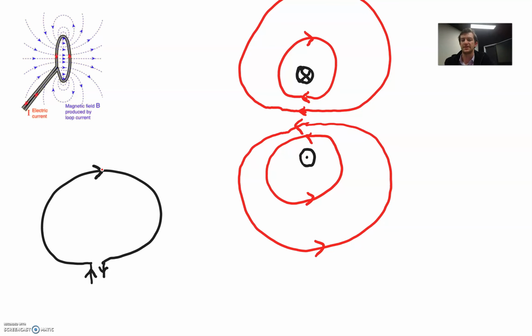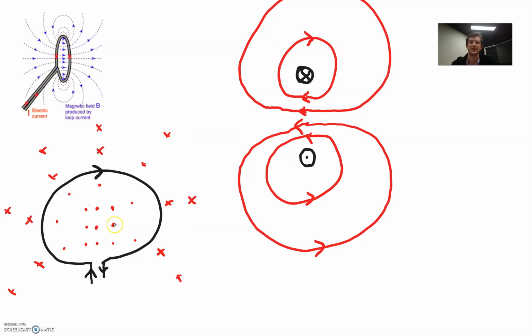So inside I need to do some dots, and I might do several dots in the center just to show that's where it's the strongest, and they get further apart and less strong as we get closer to the wire. And then outside I'm doing some crosses to represent that the direction of the magnetic field there is into the page and getting less strong as I go out further.